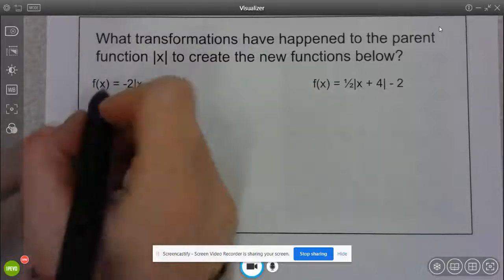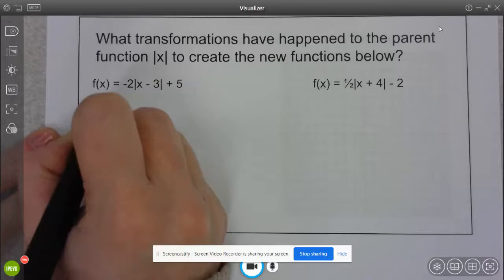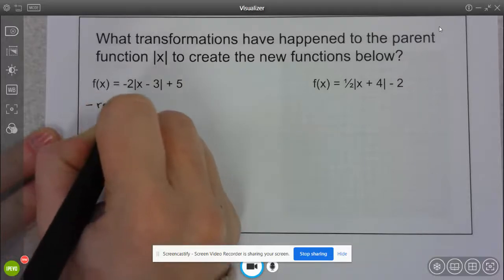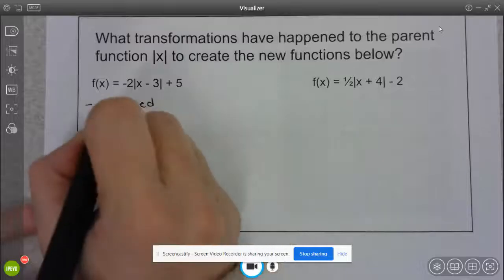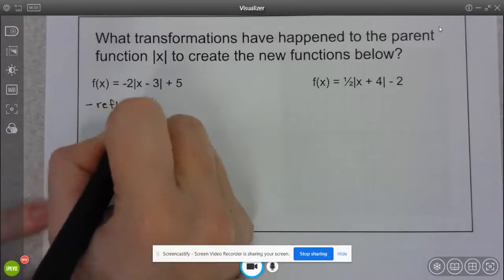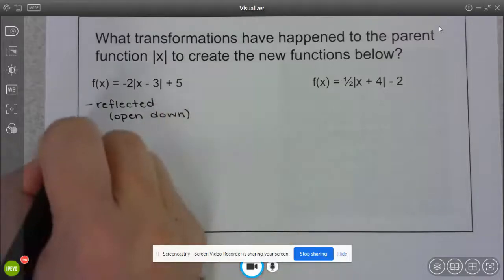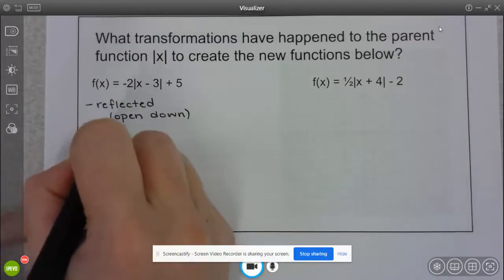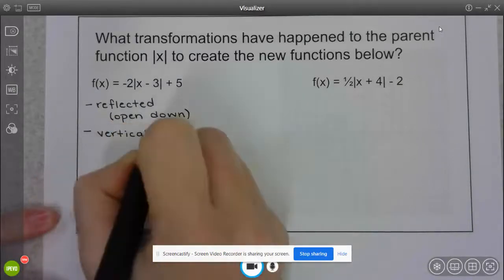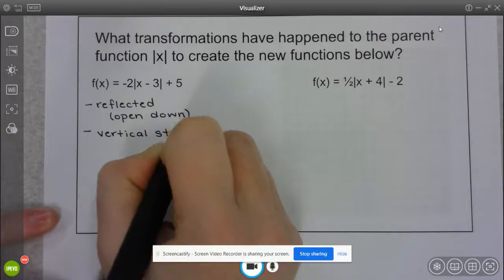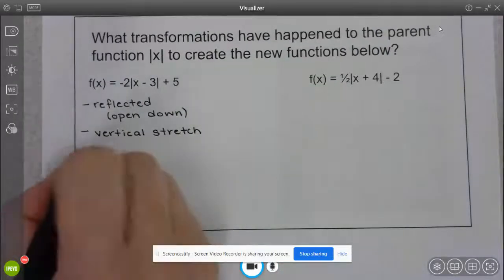So one thing I see is that my A value is negative. So I know it's been reflected and it's going to open down. I know it's going to have a vertical stretch because A is bigger than 1.